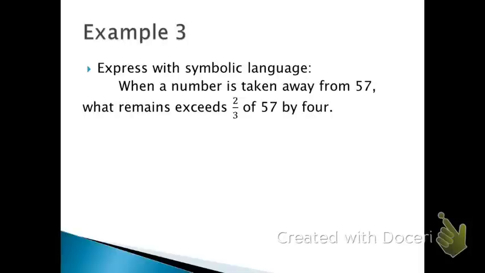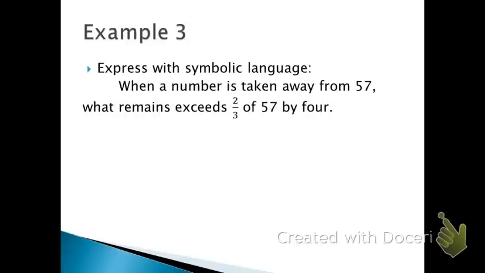Okay, so this next example is another one where we're to express with symbolic language. It says, when a number is taken away from 57, what remains exceeds 2/3 of 57 by 4. Once again, we're going to start by defining our variable.